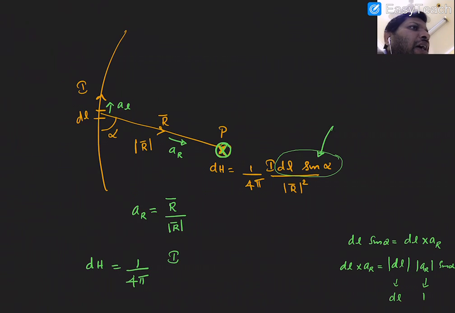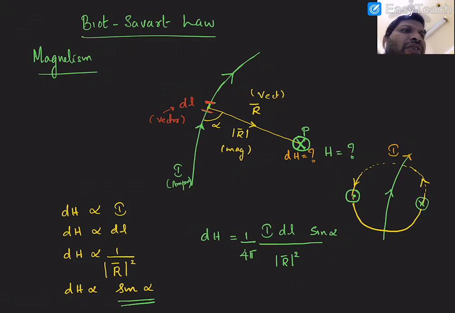Before that, it is best to represent this dl as a vector, as I showed you. So I will use this notation here, dl as a vector. It is found that dH is proportional to the magnitude of dl.